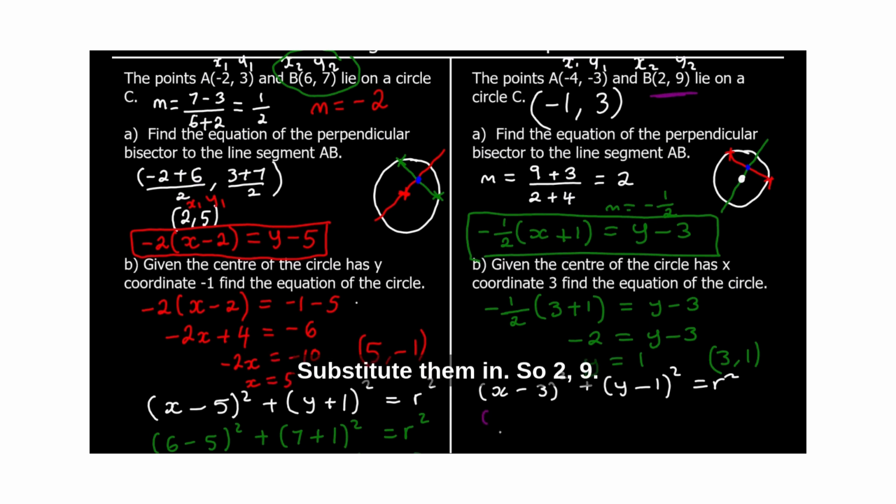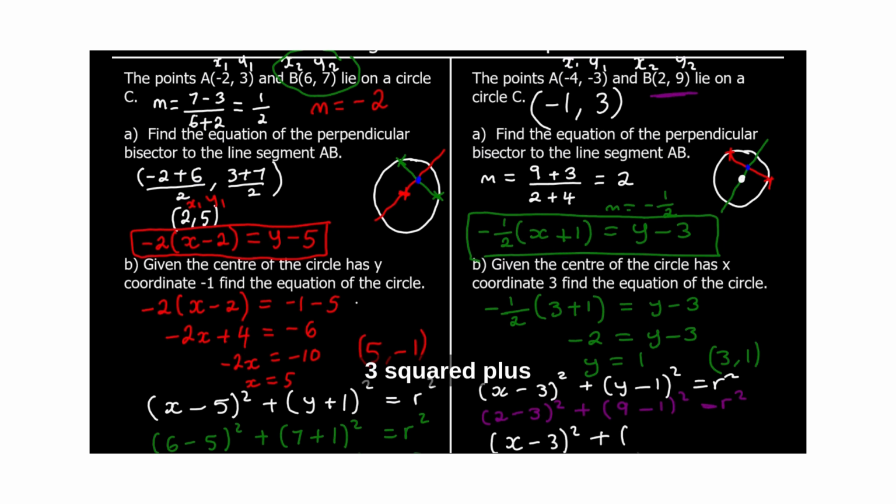Substitute them in, so 2, 9, so 2 minus 3 squared plus 9 minus 1 squared is the radius squared. So that's 1 and 64. So r squared is 65 again. So we've got x minus 3 squared plus y minus 1 squared is equal to 65. And that is the equation of the circle.